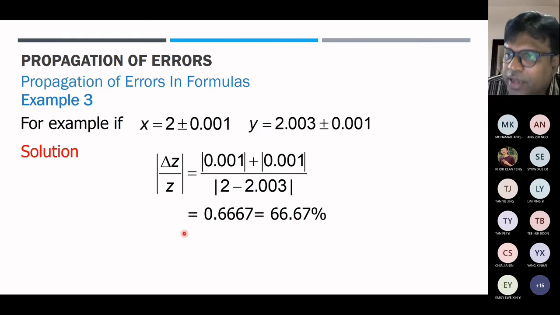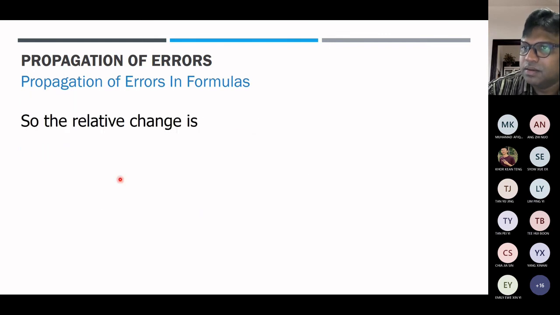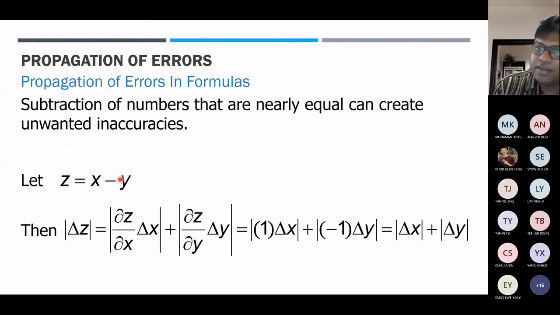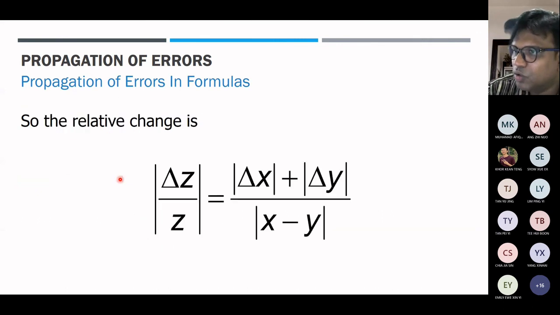Now can you tell me, is subtracting an error? That means subtracting numbers that are nearly equal can cause unwanted inaccuracy. You can prove that yes, it is. Even if we subtract numbers very close to each other, it still leads to error in the calculation.